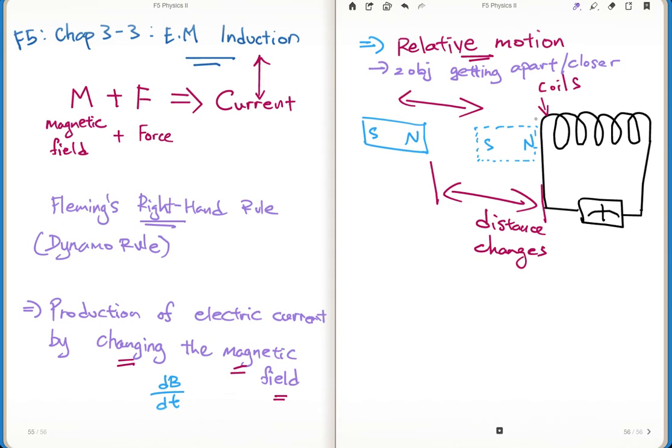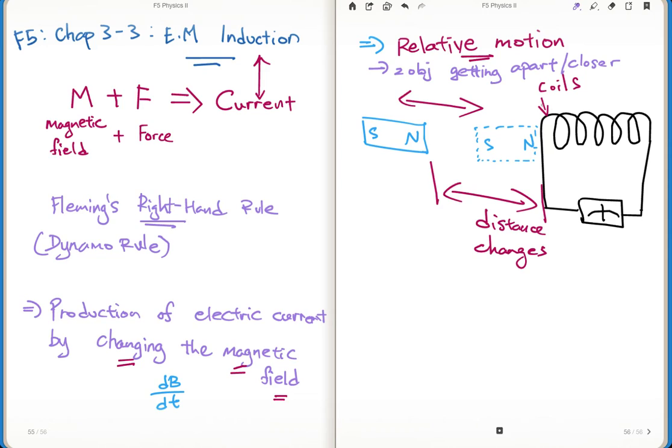If both of the objects move at the same time in the same direction, then that's no relative motion because the two objects are always the same distance. When the distance between the magnet and the coil changes, therefore electric current will flow in the coil, shown by the deflection of this galvanometer.